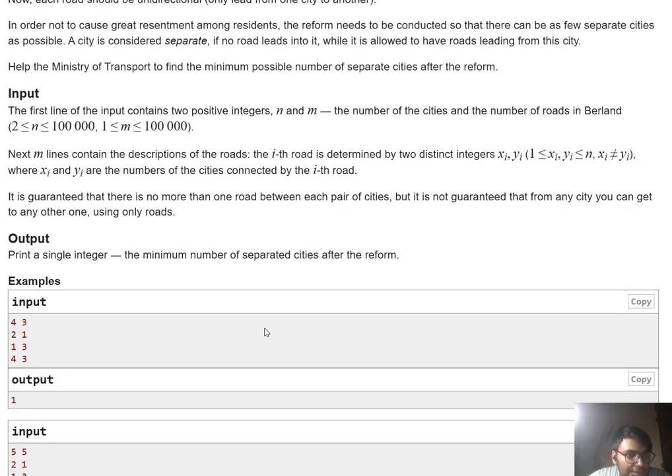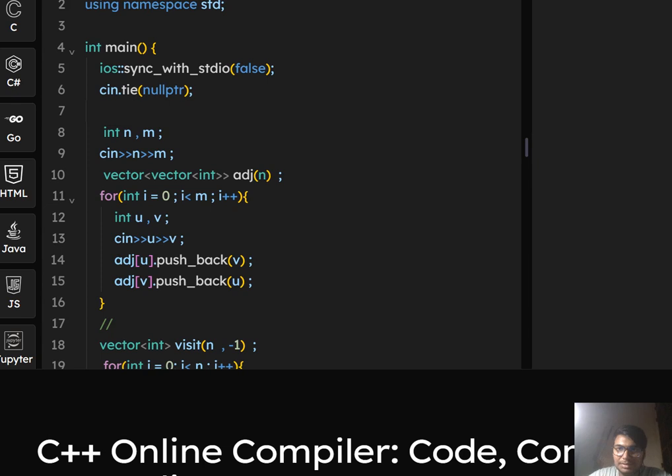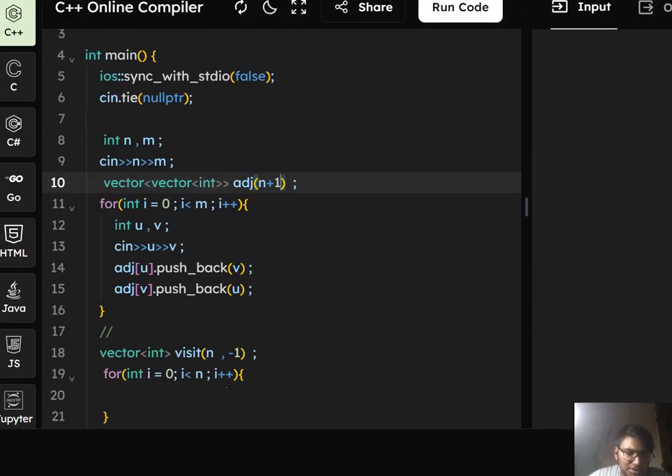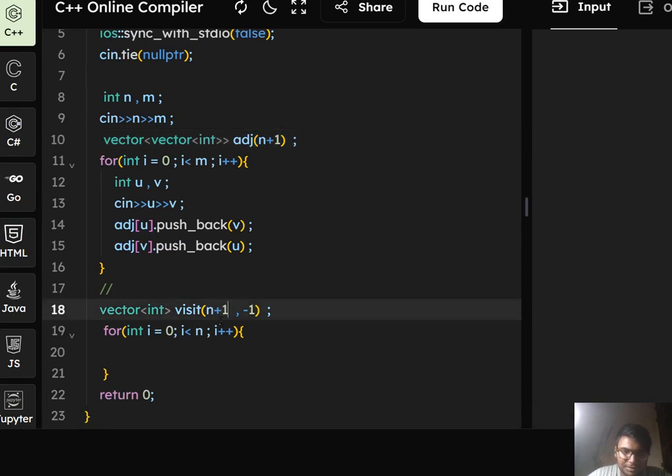Yeah, so they are numbered from one to n, so I have to create the visited array of size n plus one.